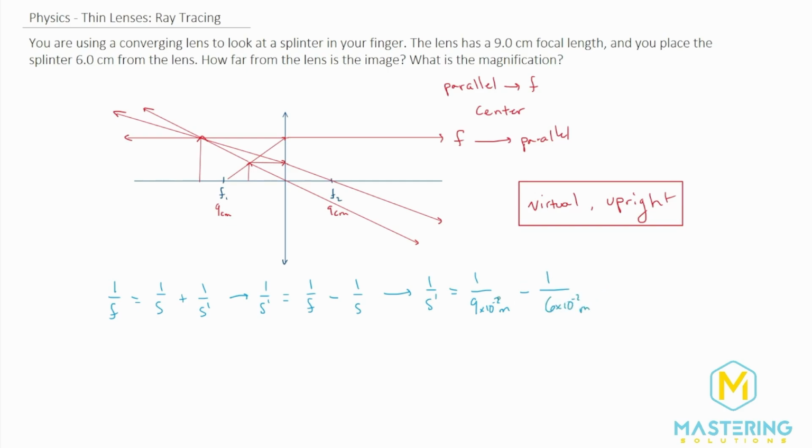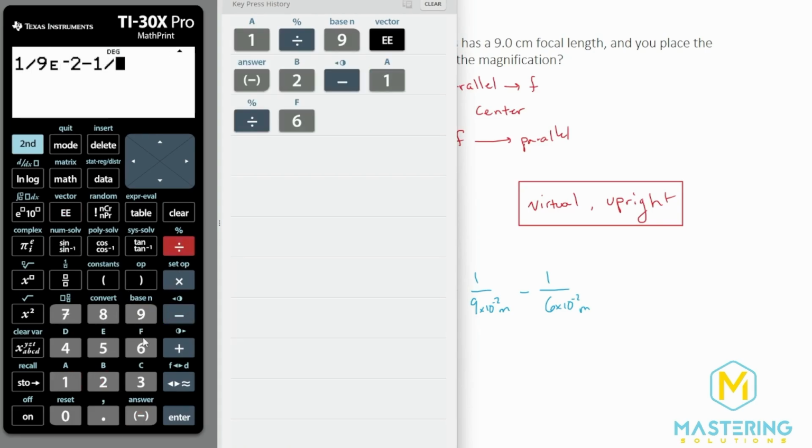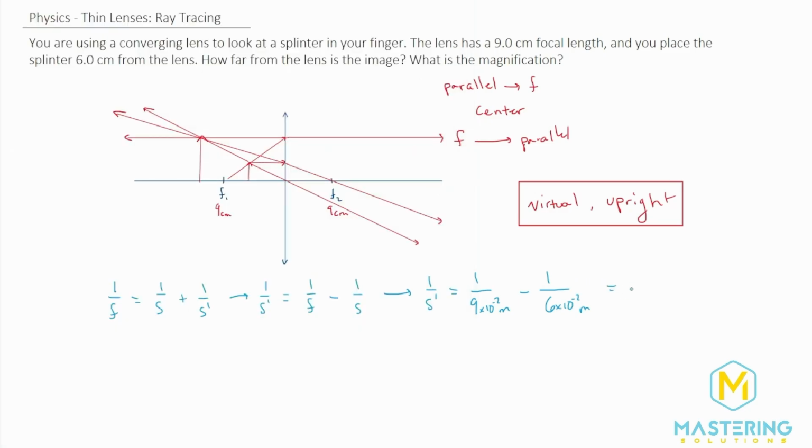We have a converging lens, so this will be a positive value. And so we have 1 over 9 times 10 to the negative 2 minus 1 divided by 6 times 10 to the negative 2. So that's going to give us negative 5.5, negative 5.5, and the units for this will be in diopters.